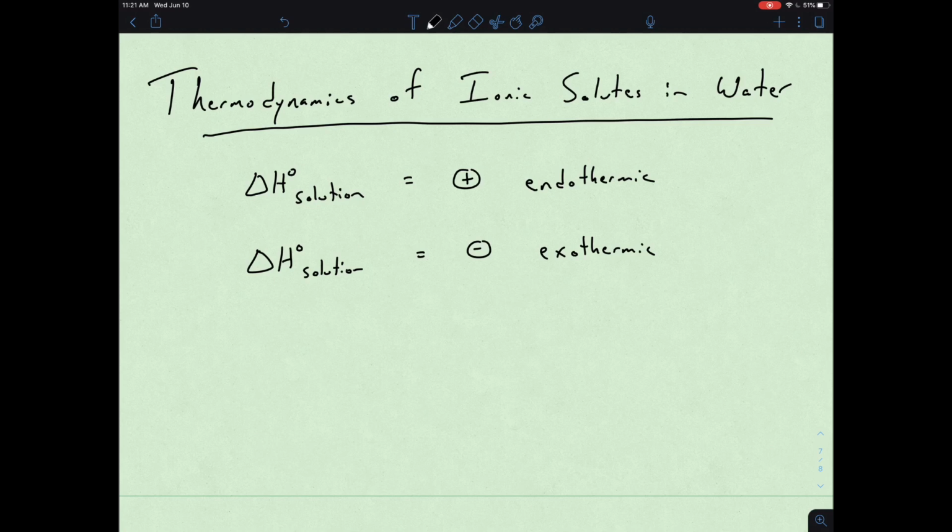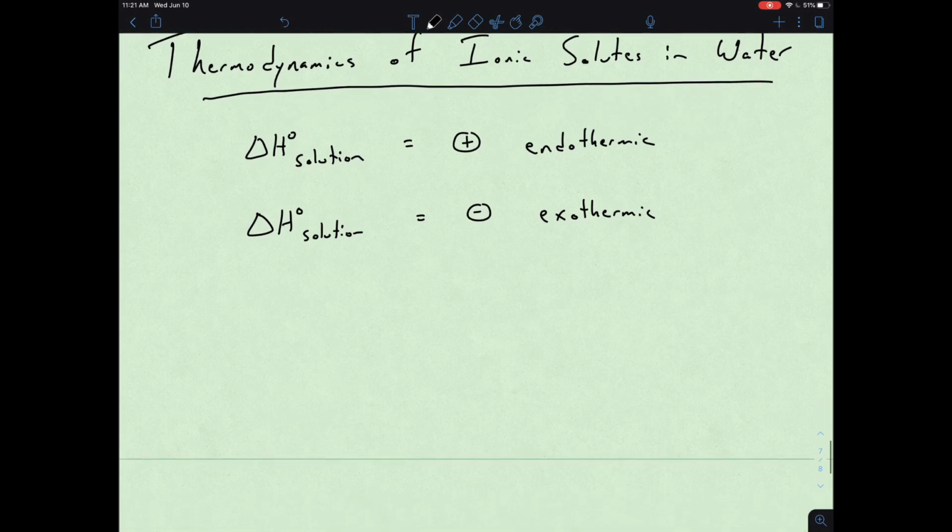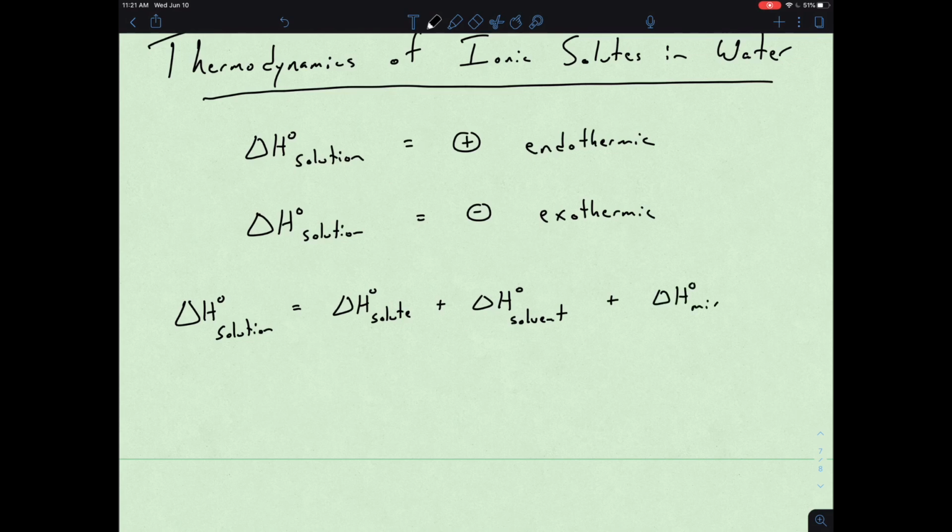Right, this is really talking about the breakdown of the forces of attraction that we alluded to earlier, that the enthalpy of solution is dependent on a couple of things. One would be the enthalpy of the solute plus the enthalpy of the solvent plus then the enthalpy of the mix or the mixture.